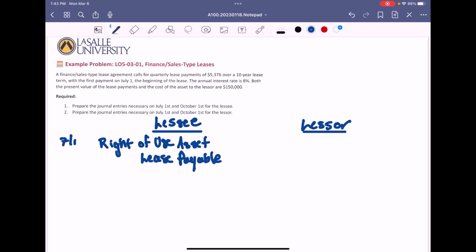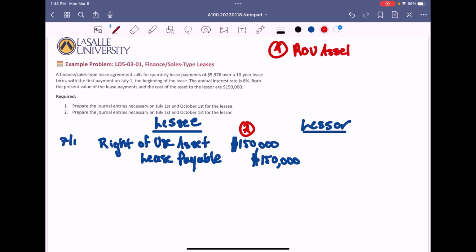Now, the important thing here is that the value of this lease asset is always equal to the present value of the lease payments. So we're going to make a note for ourselves here: the right of use asset equals the present value of the lease payments.